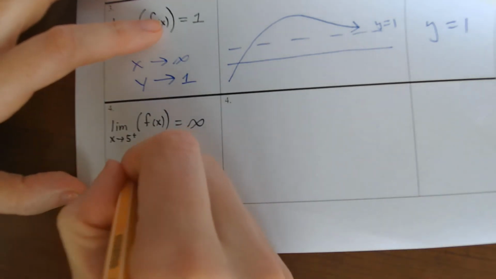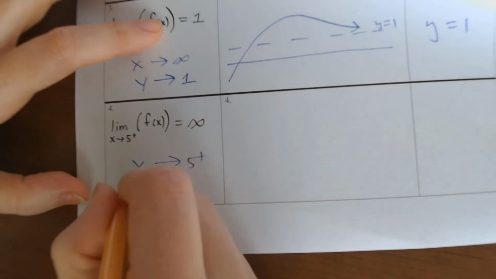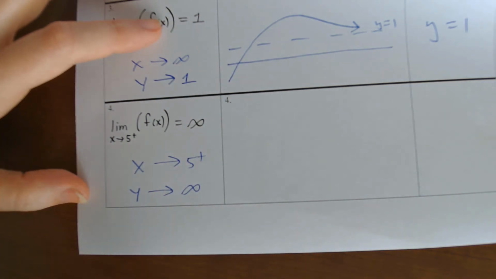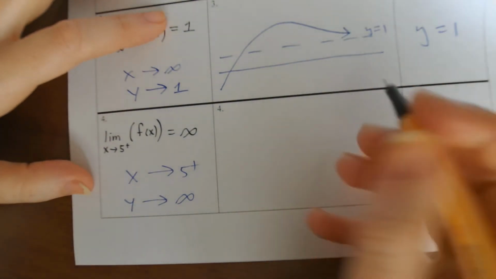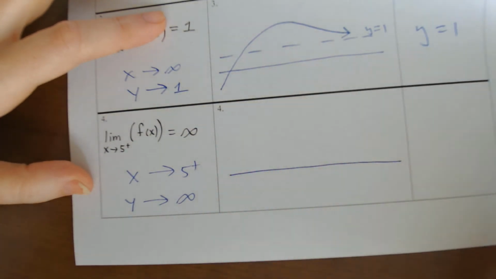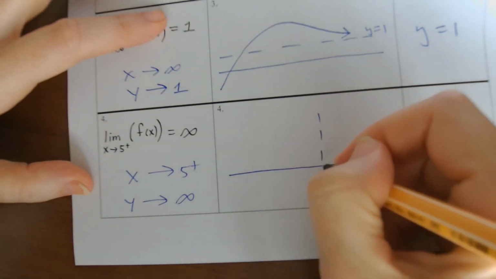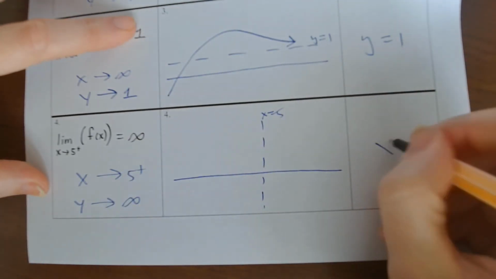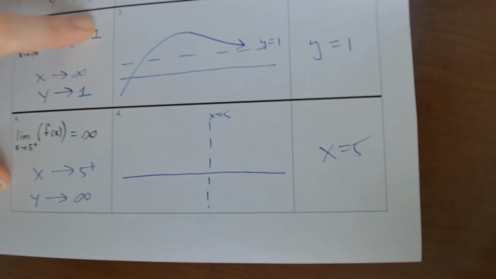Now this last one: as x approaches 5 from the right, y is approaching infinity. This time it's the x that's approaching a constant, so x equals the constant will be my asymptote. That's vertical. X equals 5.